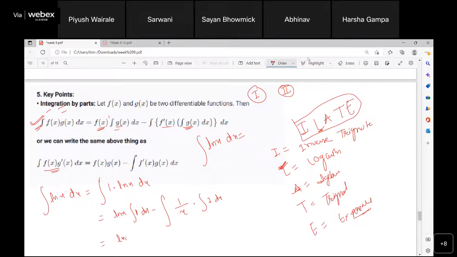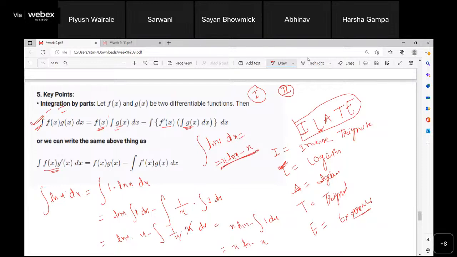So ln of x into the integral of 1, which is x, minus the integral of 1 by x into x. This x gets cancelled. So I get x ln of x minus the integral of 1 dx, so x ln of x minus x. So the integral of ln of x equals x ln of x minus x.